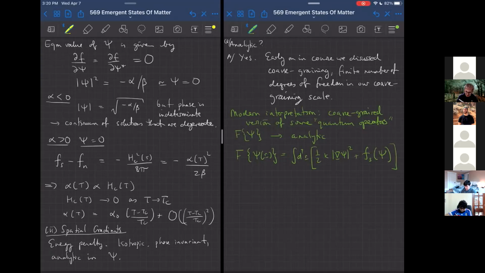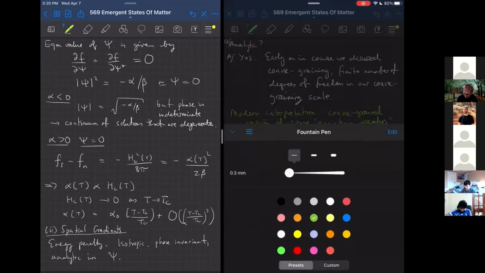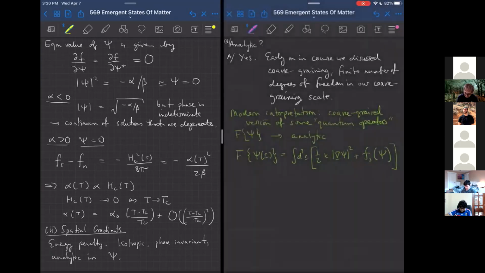As we've talked about, let's just finish off by describing the coarse graining scale. It is lambda, which must be much larger than psi naught, the size of a Cooper pair.